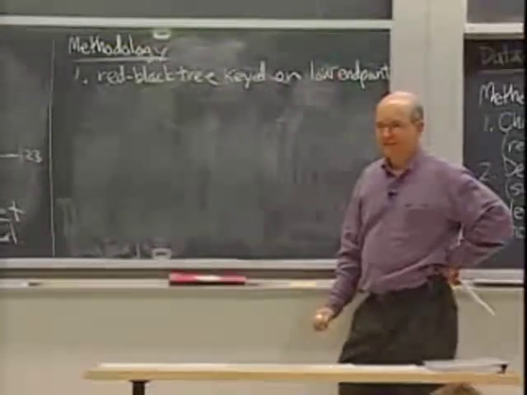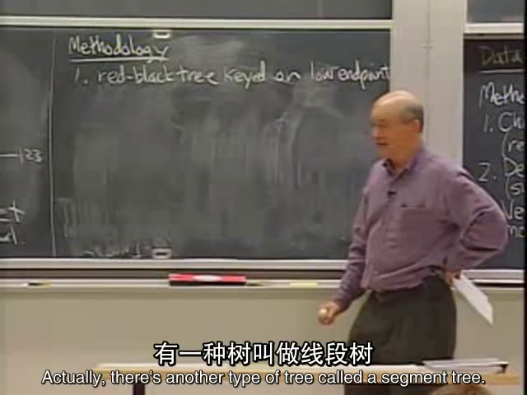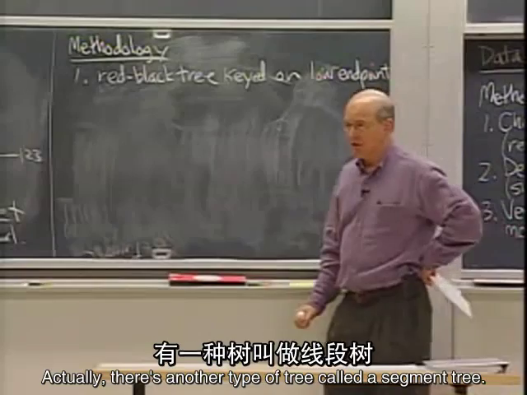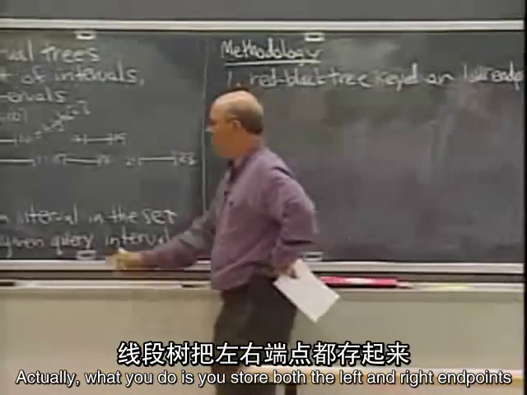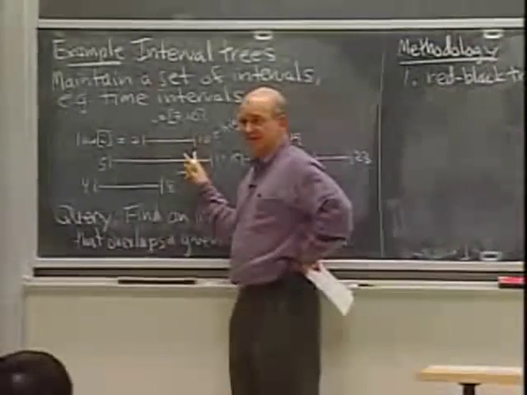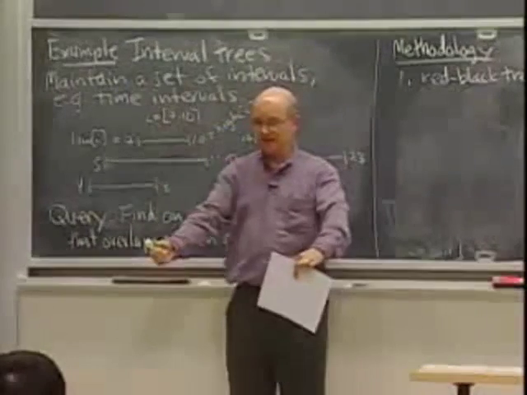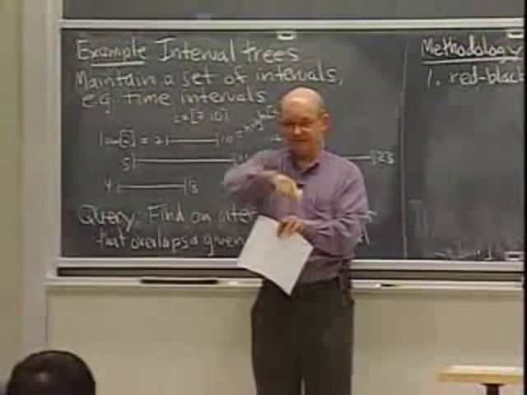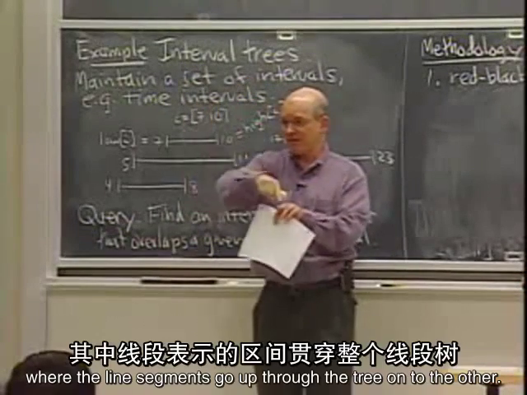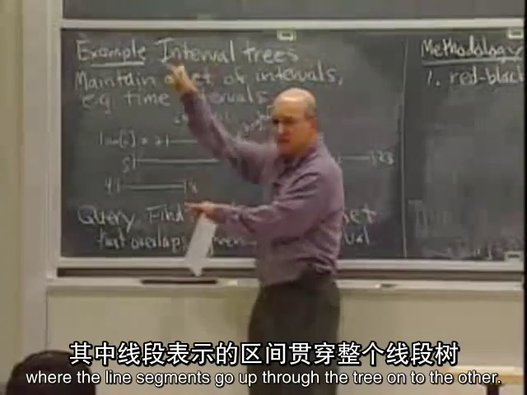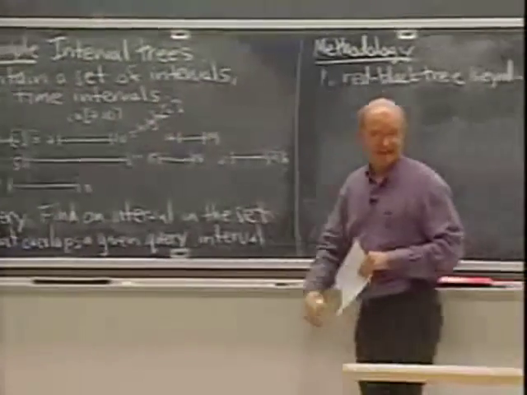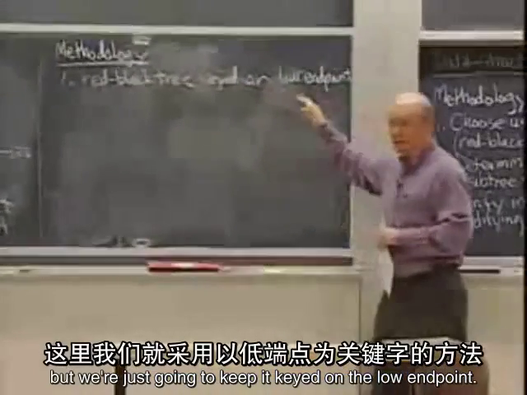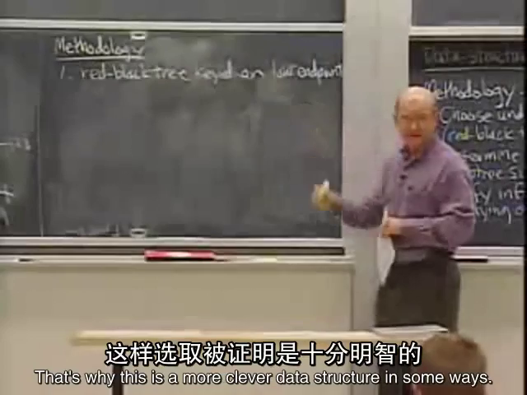There's another type of tree called a segment tree, where you store both the left and right endpoints separately in the tree, and then you maintain a data structure where the line segments go up through the tree, one to the other. So there are lots of things you can do, but we're just going to keep it keyed on the low endpoint.